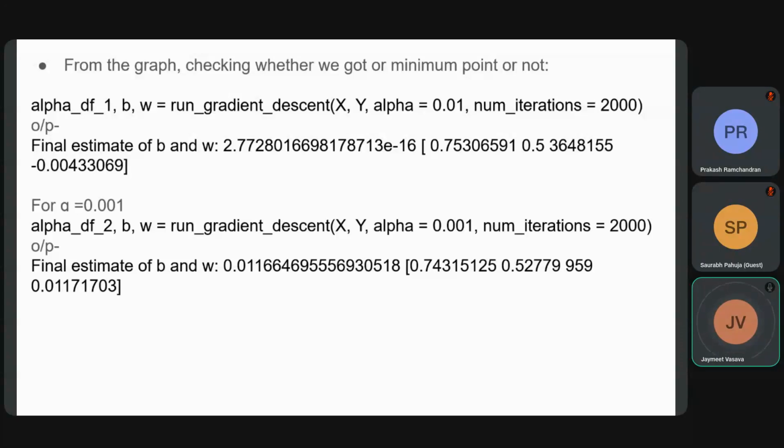From the graph, we are checking whether we got the minimum point or not.